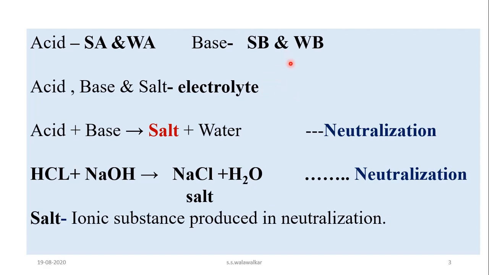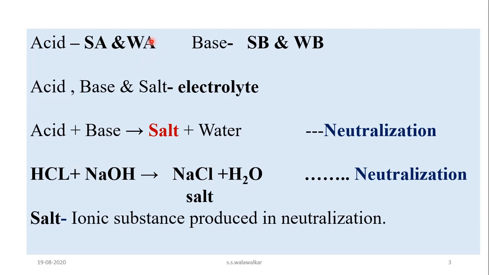So those electrolytes which dissociate completely, they are called as a strong electrolyte. And those electrolytes which dissociate to a little extent, they are called as a weak electrolyte. So here strong acid, strong base and salt, they dissociate completely and therefore these are called as a strong electrolyte.